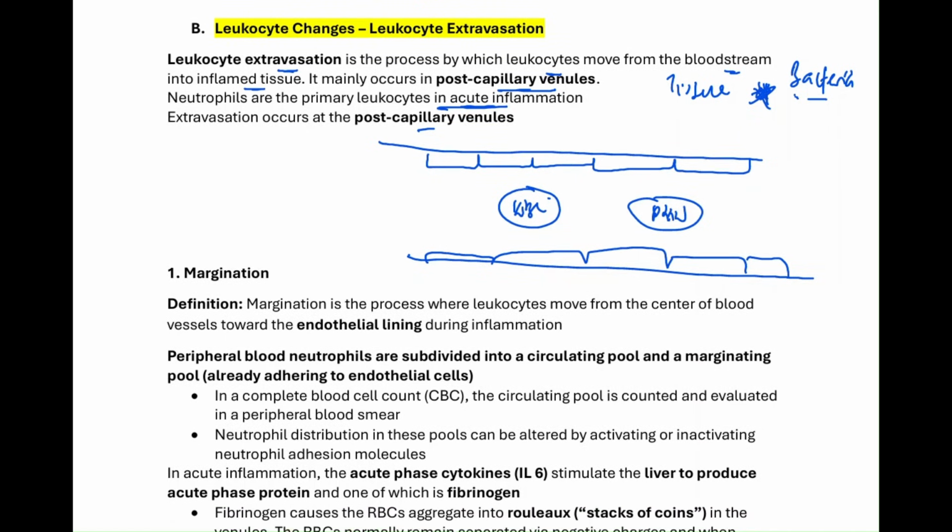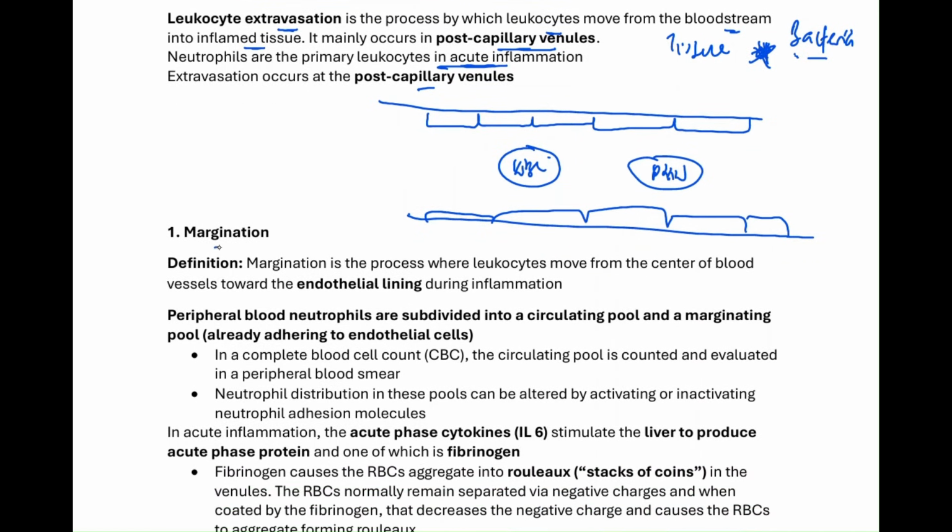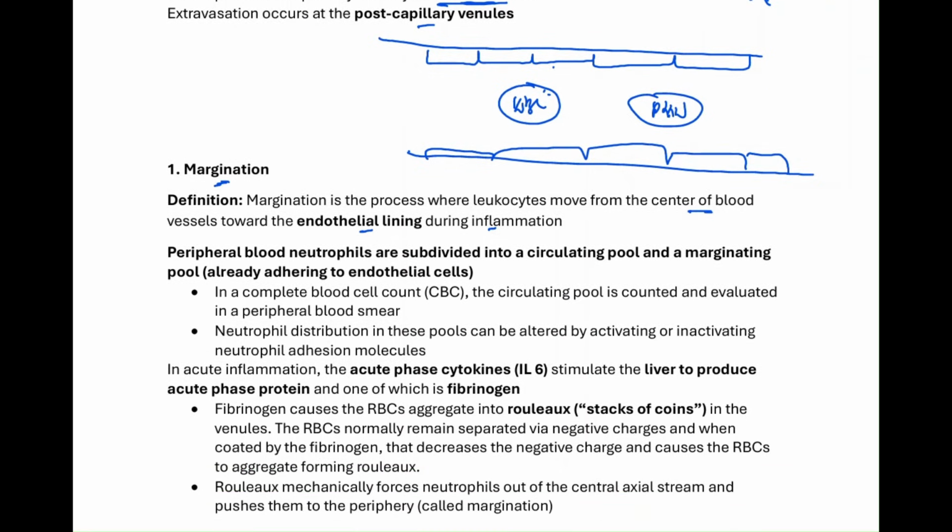So the first step there is going to be margination. So they have to move to the margin. This white blood cell is going to move to the margin. Margination is the process where the leukocyte moves from the center of the blood vessel towards the endothelial lining during acute inflammation. And there are two forms of neutrophil that we have.